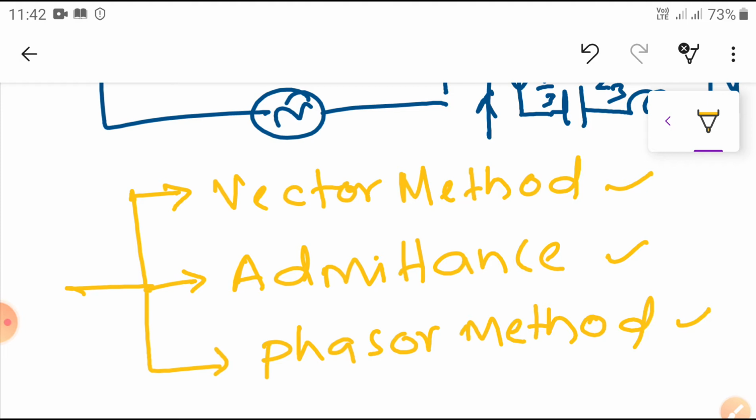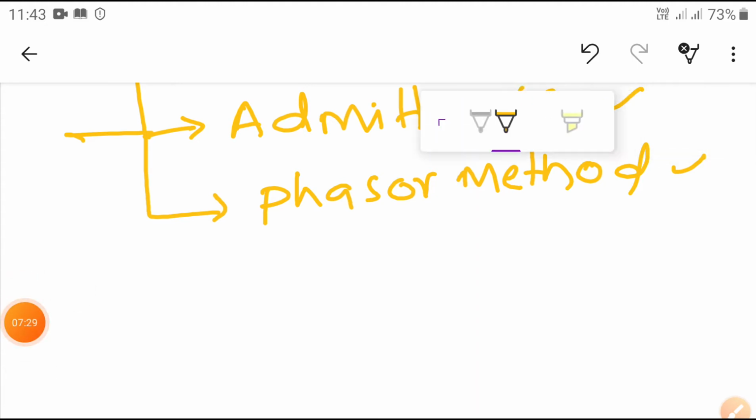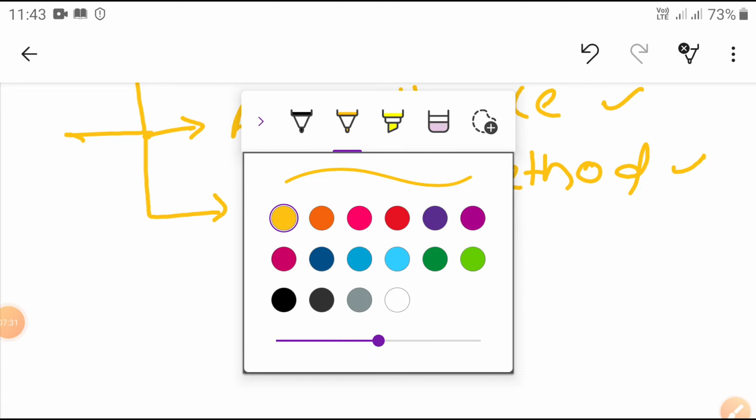How are we going to calculate the currents I1, I2, I3, the power factors, and the power consumed by each branch? Let us take one branch, marked in one color here.